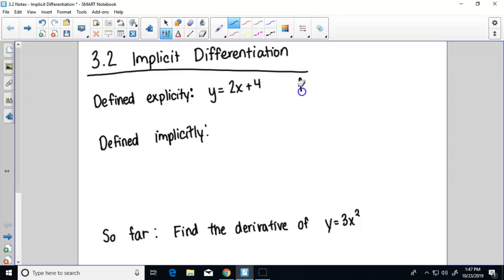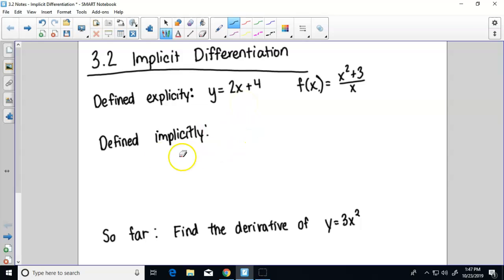Sometimes function notation is used instead, like f of x. It could even be something like this: f of x equals x squared plus 3 over x. So these are defined explicitly because they are solved for y.